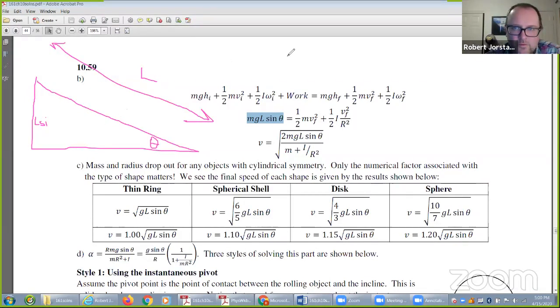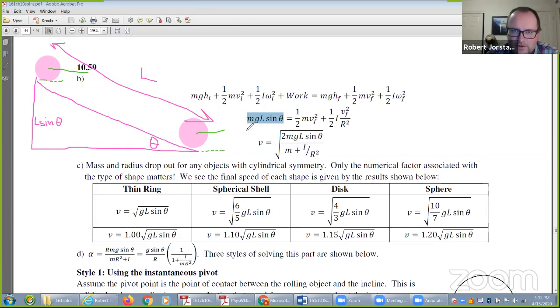And now if you're worried about the height of the object itself, hopefully you can see from this picture, if I go from right here to right here, that's the same as going from right here to right here. So we expect that the height really is L sine theta.